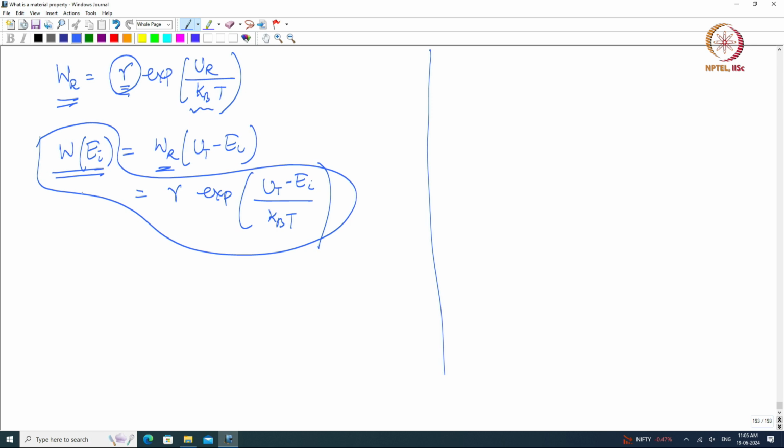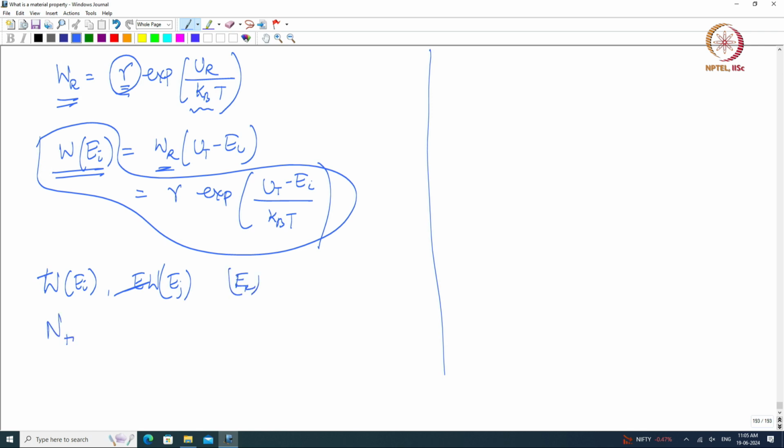However, I can have my system in EI, I can have my system in other states; EIs can be different. So I can then go to an eigenstate EJ, I can go to an eigenstate EK, and so on and so forth.